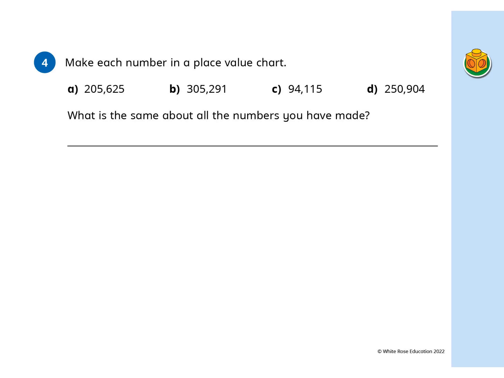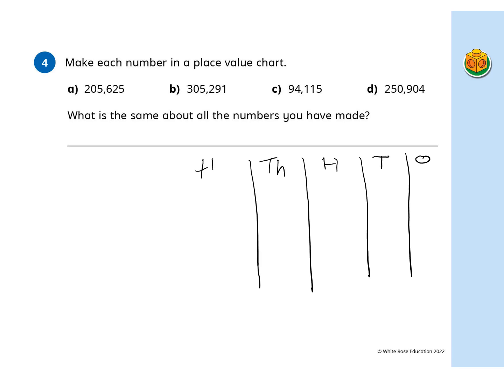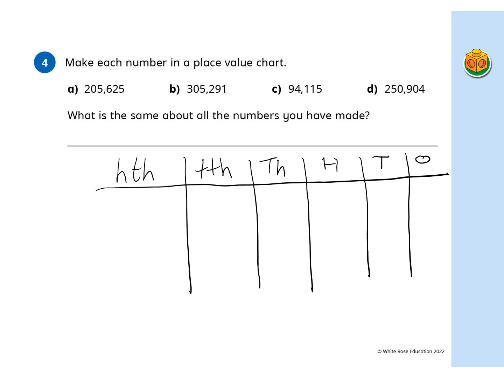Make each number in a place value chart so we can put our ones, tens, hundreds, thousands, 10,000s, and 100,000s. Then I like to start from the back.